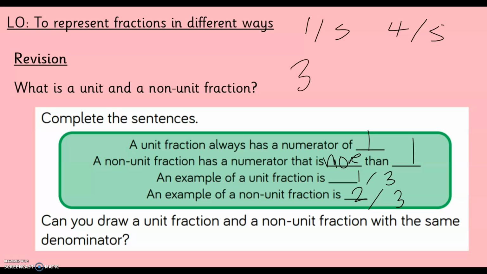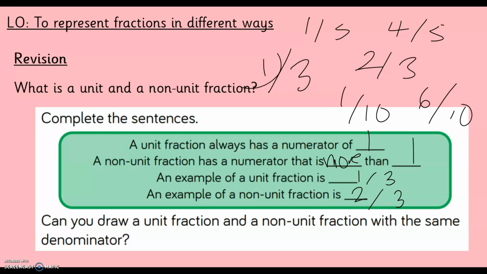I could have had 1/3 and 2/3. I could have had 1/10 and 6/10, as long as the unit fraction had 1 at the top and the non-unit fraction had a different number that wasn't 1 at the top.